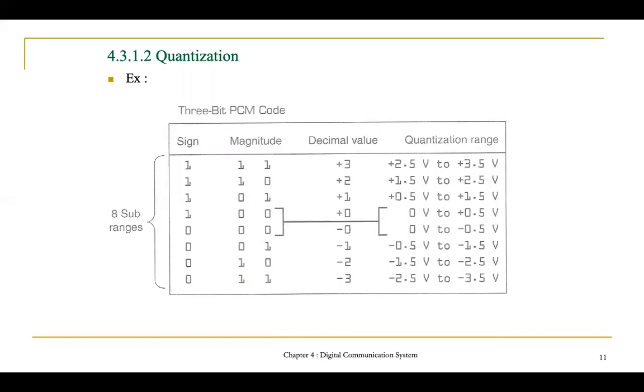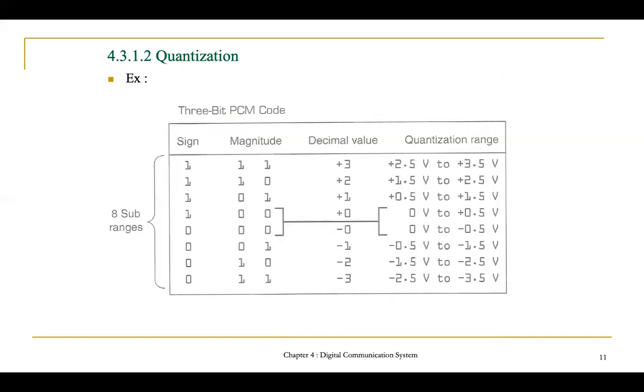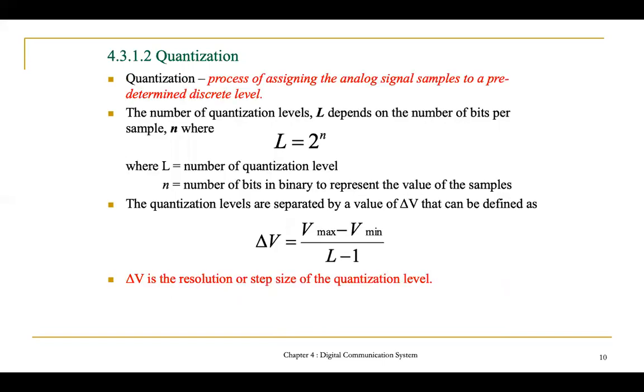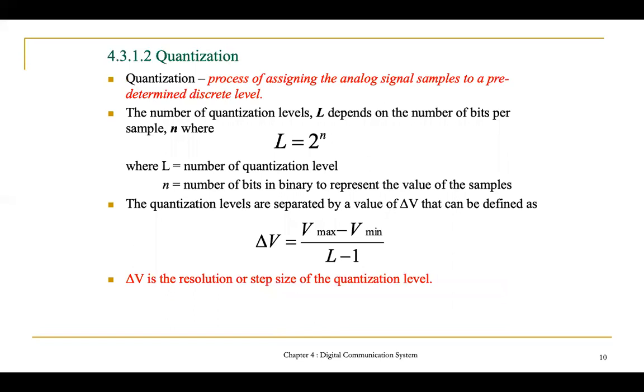Wait, yeah. So this is the 3-bit PCM code. Three point five divided by... okay. So if you look at here, this is a 3-bit PCM code.